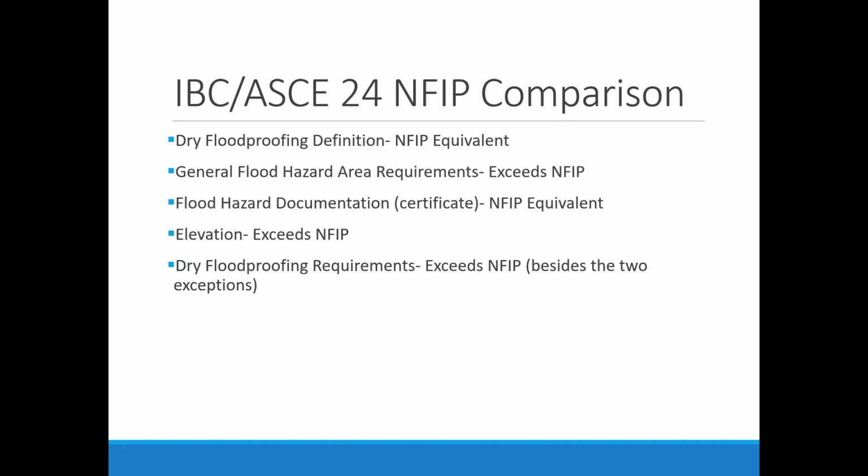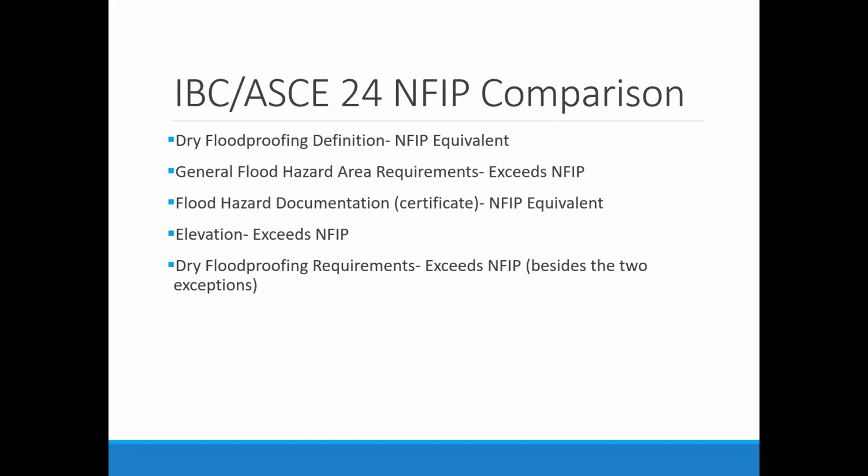The general flood hazard area requirements exceed the NFIP. Flood hazard documentation, the certificate, is the same. The elevation of the dry floodproofing design exceeds the NFIP, so they have a whole design flood elevation that has to be determined based on these site-specific conditions, and then the dry floodproofing requirements exceed the NFIP.